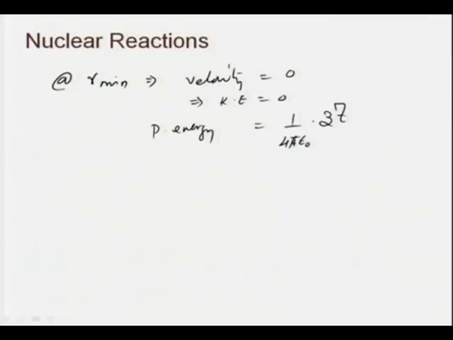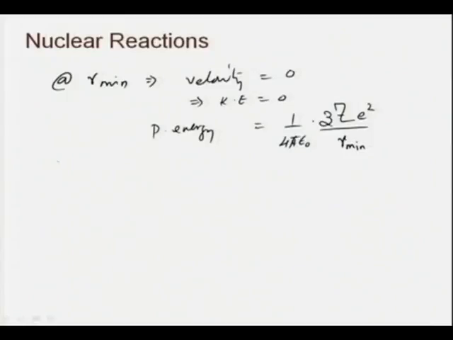Let us say the target nucleus has capital Z number of protons. Then the potential is 1 over 4 pi epsilon 0, small z capital Z e square over the position, which in this case of the point of return is R minimum. So, this is the final energy.